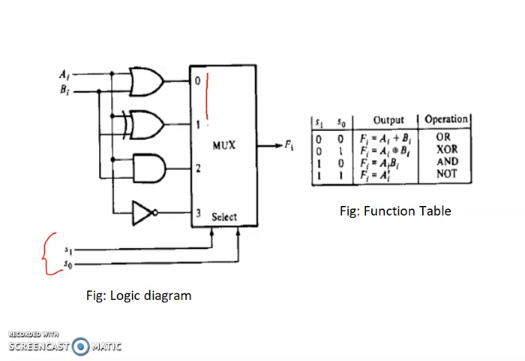And the four operations are arranged in this format. 0 indicates OR, 1 exclusive OR, 2 is AND and 3 is NOT. So this is the function table where 0 0 means it performs the OR operation, 0 1 XOR operation, 1 0 AND operation, 1 1 is NOT operation.